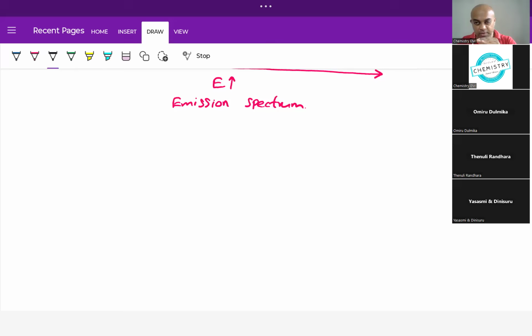Depending on these jumps from high to low energy levels, there are several series identified by several scientists. This is only for the hydrogen emission spectrum. There is only one electron in hydrogen, absorbing energy and moving into high energy levels and coming back.